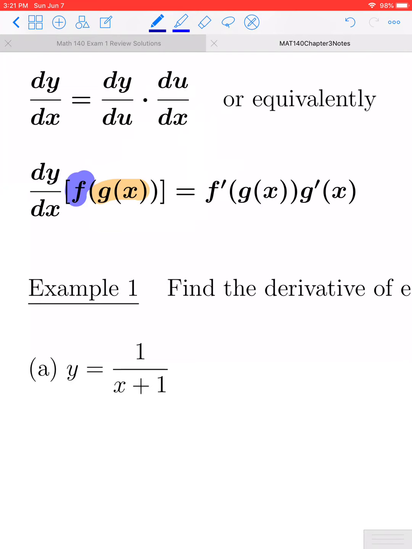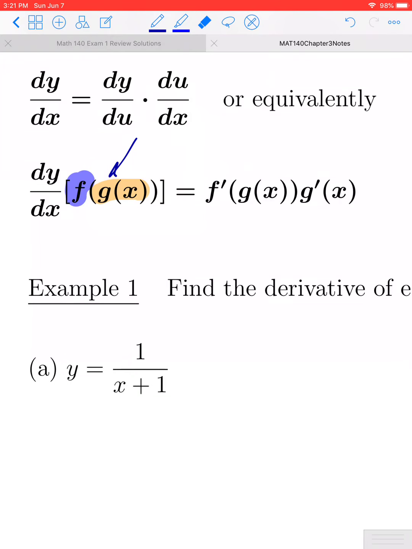The chain rule says we do the derivative of the outer function first. So you do f prime composed with g of x. So you leave the inside function alone for the moment. It's going to be f prime composed with g of x. And then we multiply this by the derivative of the inner function. That's going to be g prime of x.